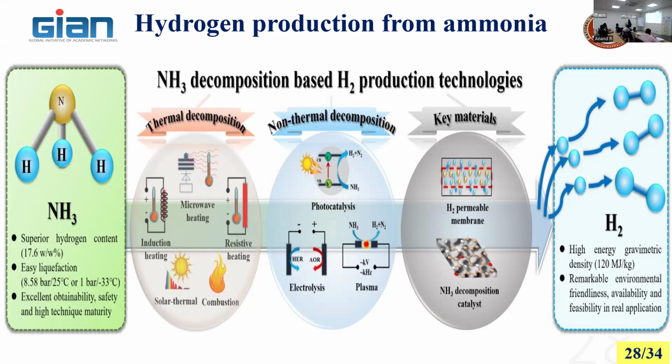Here they go for non-thermal, particularly photocatalytic ways of producing the decomposition. They are using plasma technology, electrolysis, or photocatalysis. These are the three technologies they are using for dissociating ammonia in non-thermal mode.